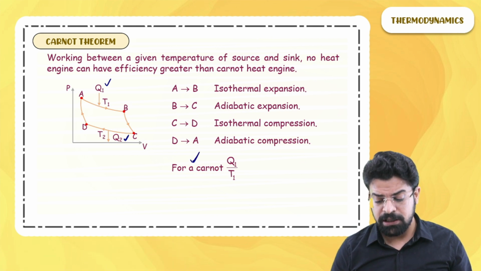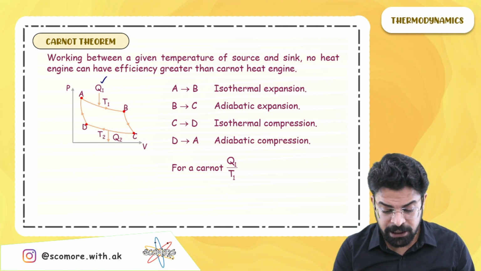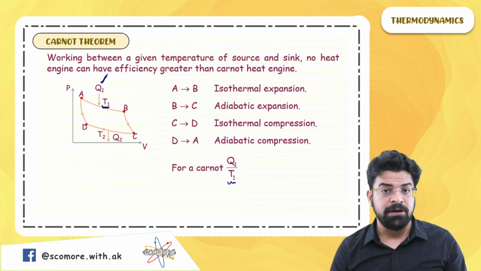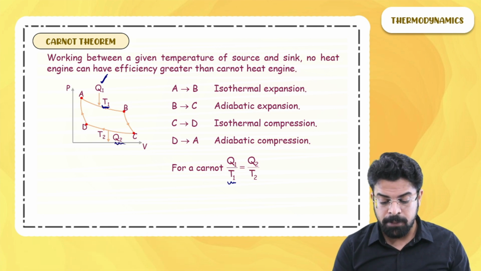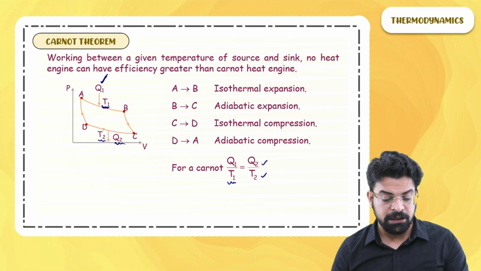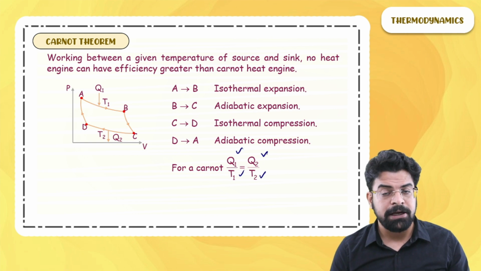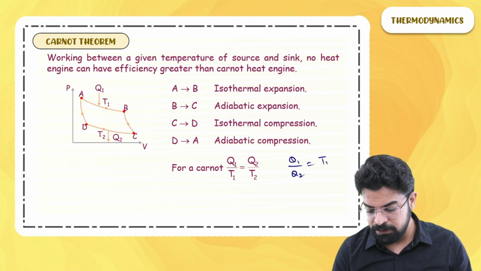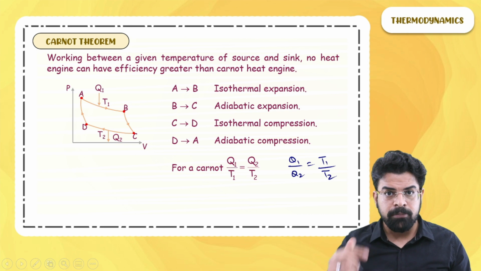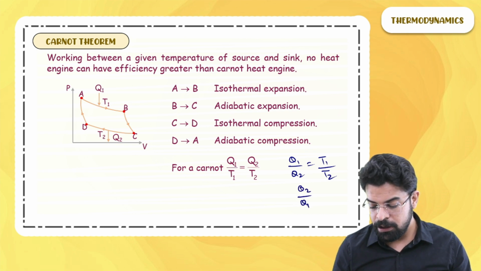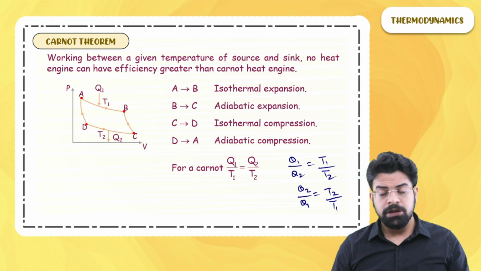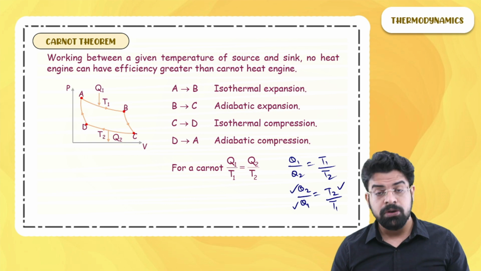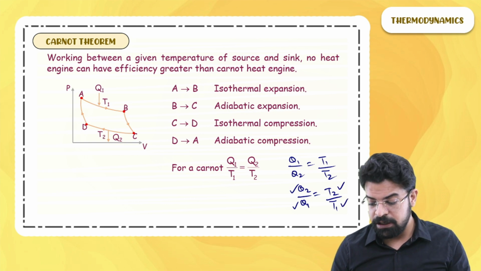Now, for the Carnot engine, we can say the heat accepted upon the temperature at which the heat is accepted equals the heat rejected upon the temperature at which the heat is rejected. So Q1 by T1 equals Q2 by T2. Hence from here we can say Q1 by Q2 equals T1 by T2, or flipping both sides, Q2 by Q1 equals T2 by T1. So the heat rejected to the sink upon the heat accepted from the source equals the temperature of the sink upon the temperature of the source.